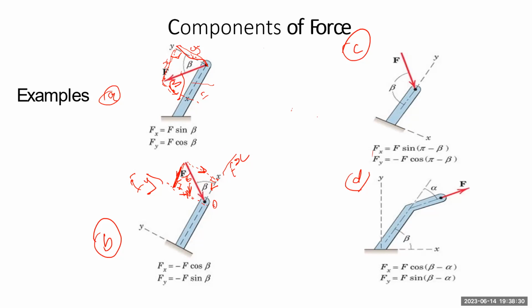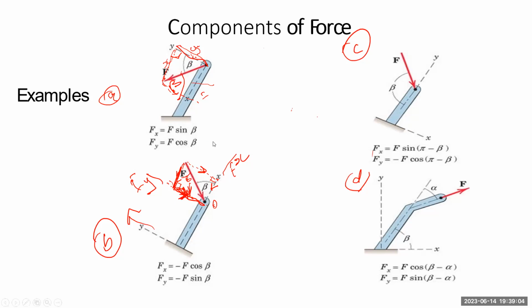So for the fy, you would have negative f sine beta. Why is it negative? Because the direction of the force is going to the negative coordinate, negative y and negative x. So positive is that direction, but it is going in the opposite direction, it is going down. You're right.